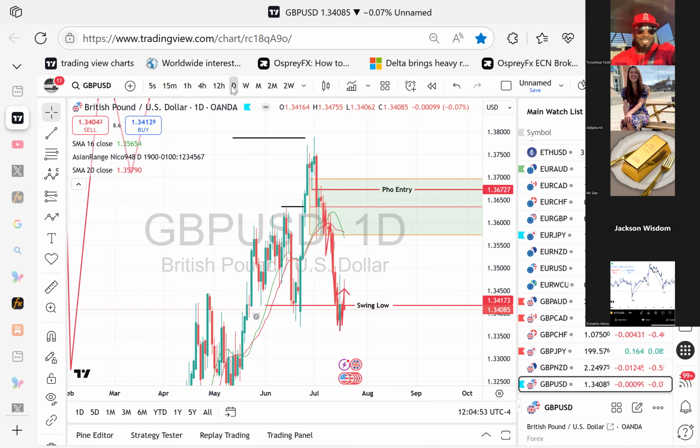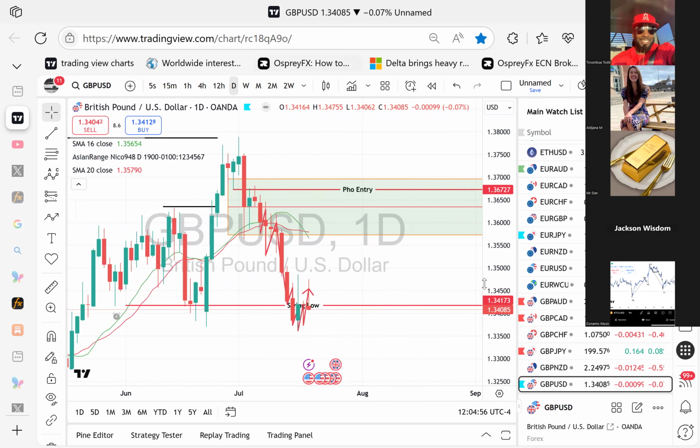Remember, it is the 50%, but remember on this daily chart, I told you that this move down broke structure for me right here. So this area, all I did was fib from this high to this low.